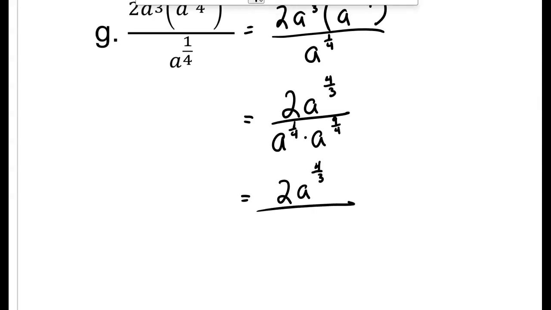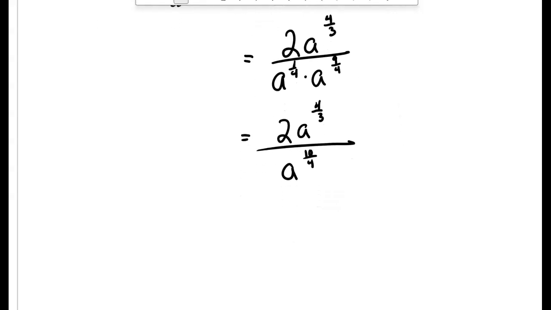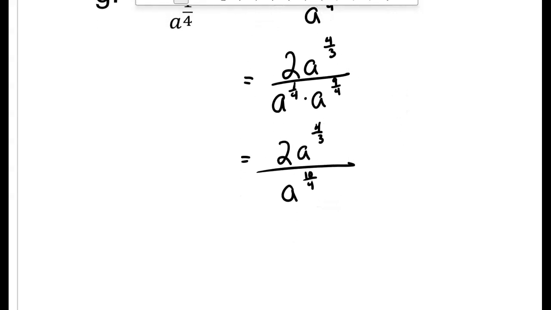Friends, can I combine what's in my denominator? Okay, so we're good there so far. So we got here a to the 10/4. Now, when I'm looking at this, I'm like, maybe I should simplify this a little bit. I don't like big numbers. So I got 2a to the 4/3, nothing I can do there, over a to the what?